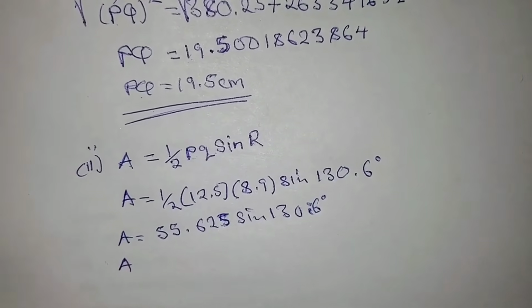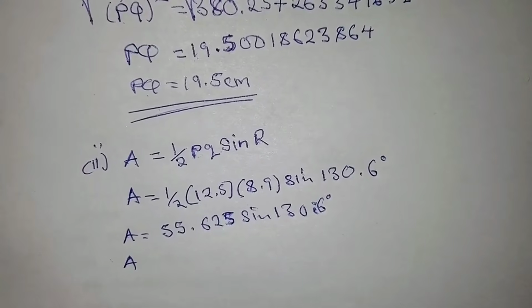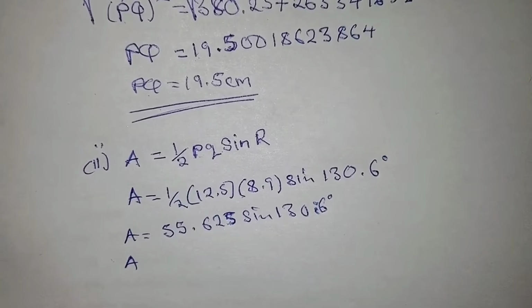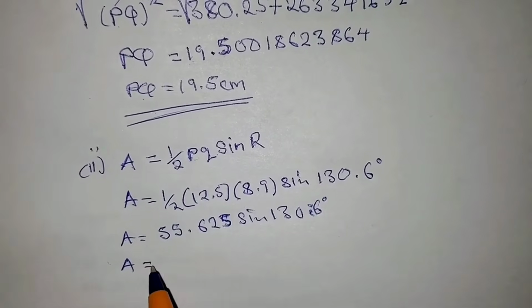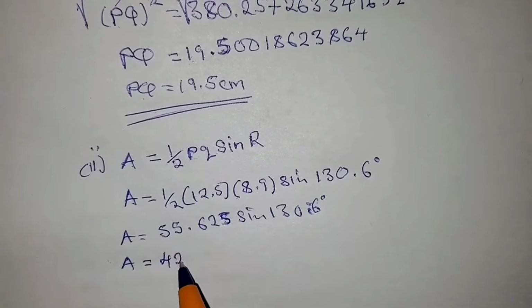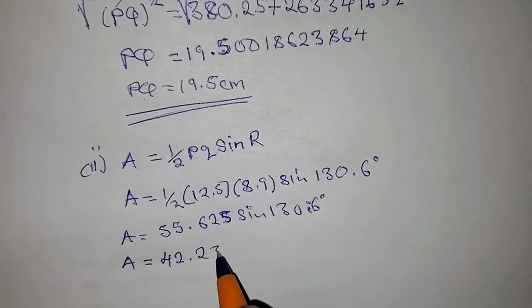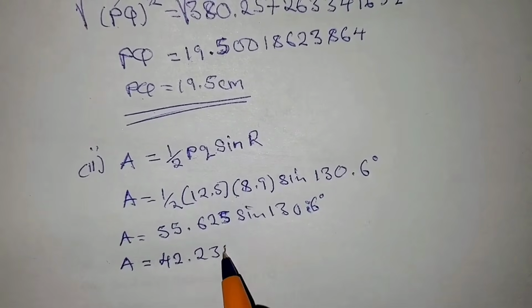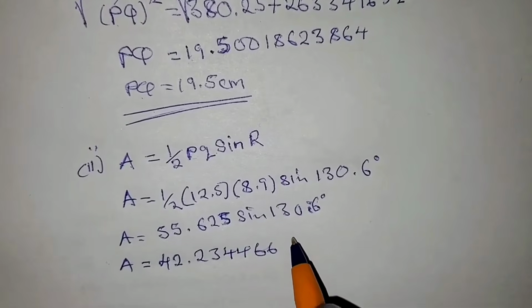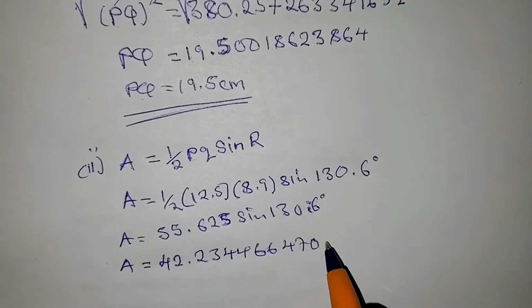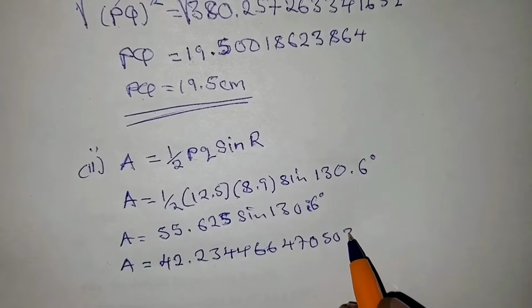If you punch everything on our calculator, we're going to find 42.234466470503.